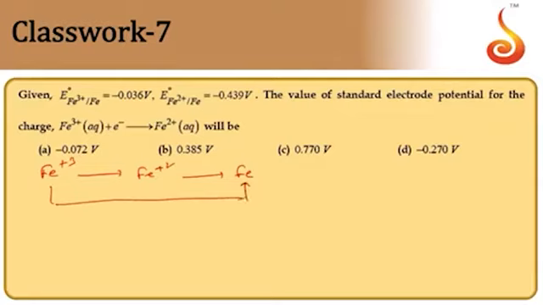So delta G will be additive in nature, but potentials are not additive in nature. If you take this as delta G1, this as delta G2, this as delta G3, we can write delta G1 is equal to delta G2 plus delta G3. And delta G is given as delta G is equal to minus NFE.